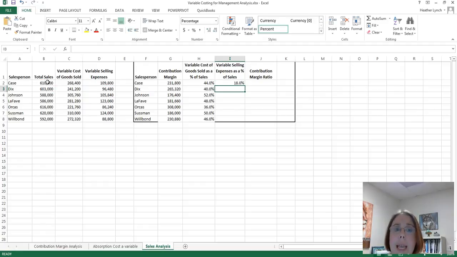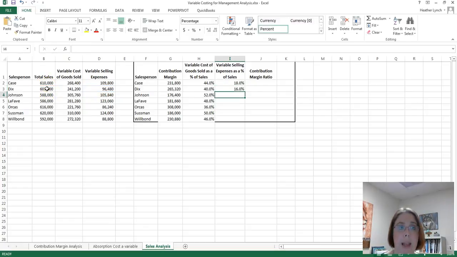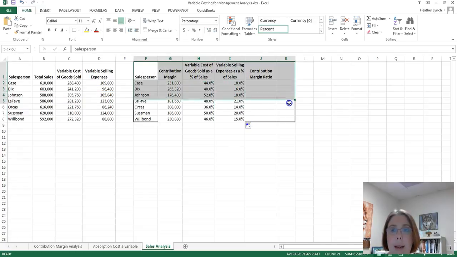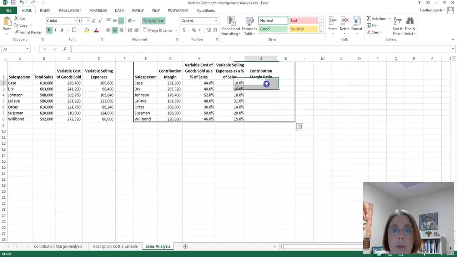What this is saying is 44% of our total sales went to variable cost of goods sold, 18% of our total sales went to selling expenses. So then I can take the 96,480, divide that by the 603, and I'm just going to copy that down.